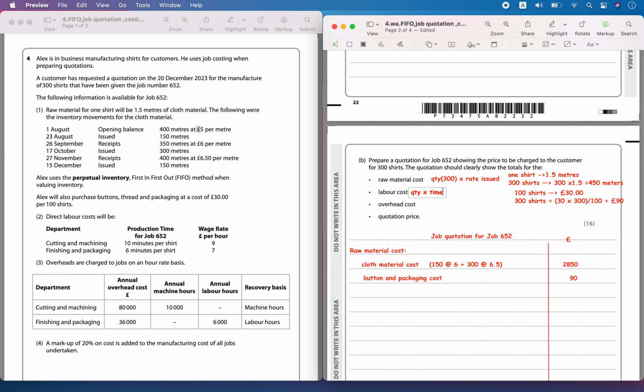It's quantity times the time taken, how much time they have spent, times the wage rate paid. If there are a total number of employees, you have to also include them. The quantity is how many shirts I'm making.